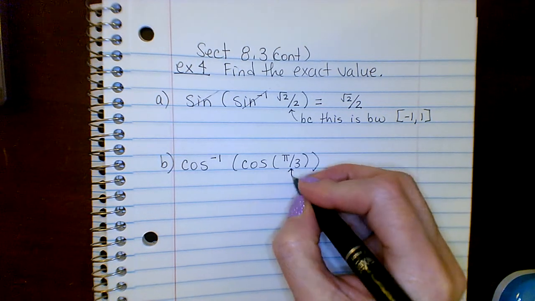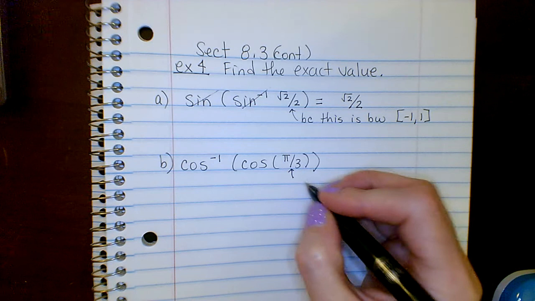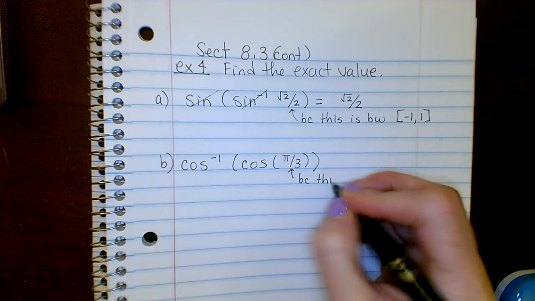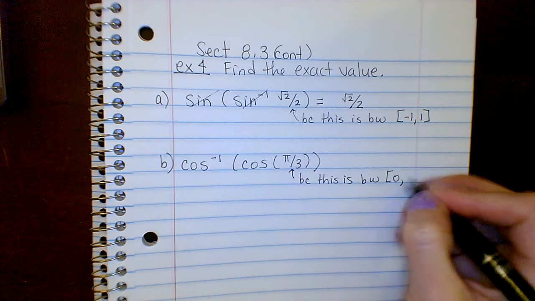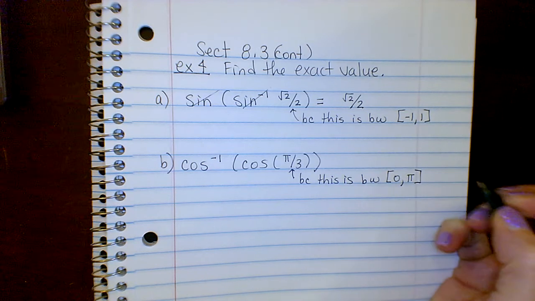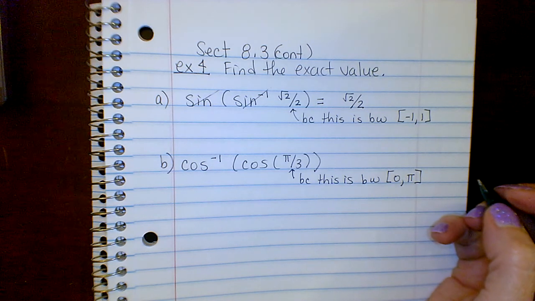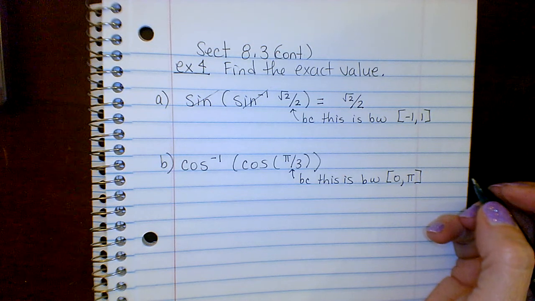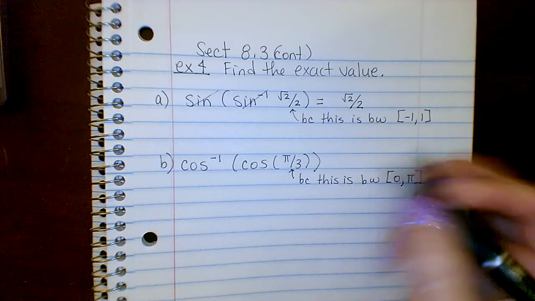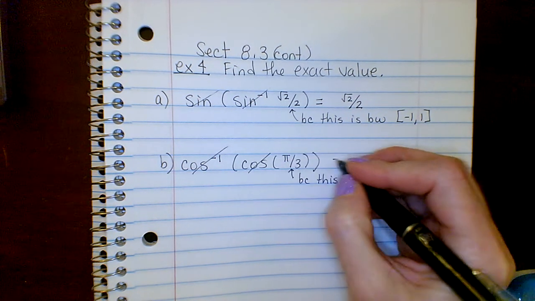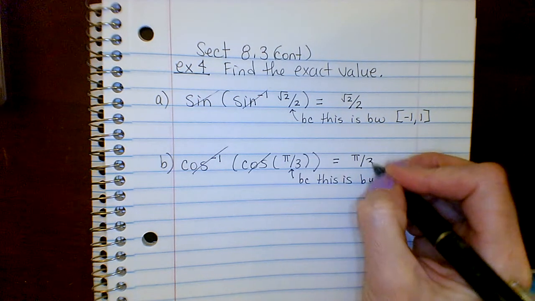And they will, because this is in that domain restriction for the inverse cosine function. Remember all those domain restrictions that we talked about for the trig functions? The inverse cosine's domain restriction was 0 to pi. Because this is between there, easy peasy.